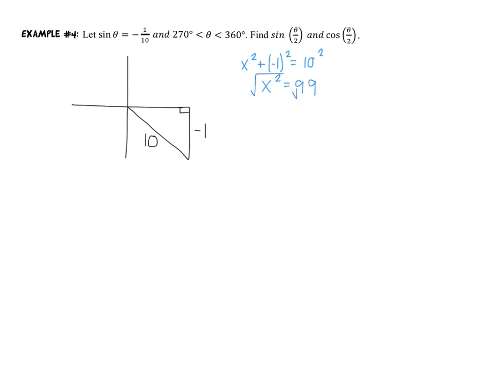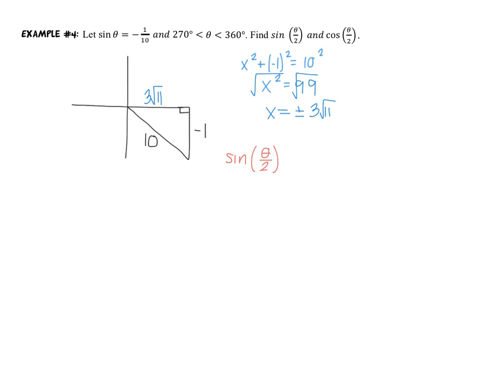Take the square root. X would equal plus or minus 3 root 11 if you simplify that square root. Now notice I'm in quadrant 4, so I'm going to use the positive x. I'm going to the right. So this is really 3 root 11. Using our formula, we want to find sine of theta over 2.